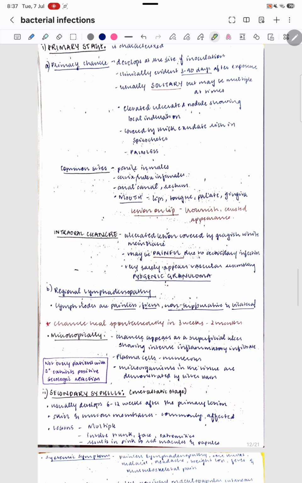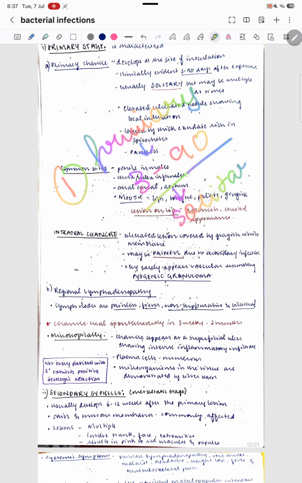So first is the primary stage. In the primary stage it occurs in 3 to 90 days. It starts showing a solitary lesion, then the nodule is elevated, usually painless in the initial days. The ulcerated lesion is covered with an exudate which is rich in spirochetes, and it also occurs near the mouth, lips and the genitals of males and females, and also the anal canal.